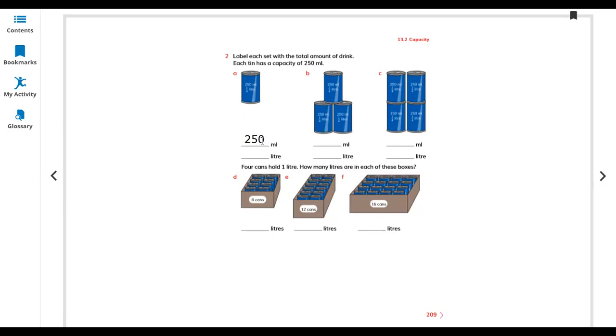If one can holds 250, then three cans are 250, 250, 250. It is 750 milliliters. Like this one, 200 plus 200 is 400, and then 50, 50 is 100, 500, 500, 1000 milliliters.